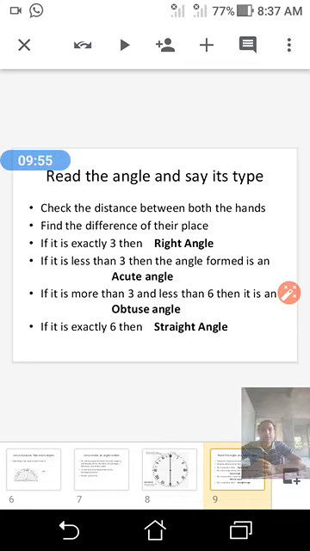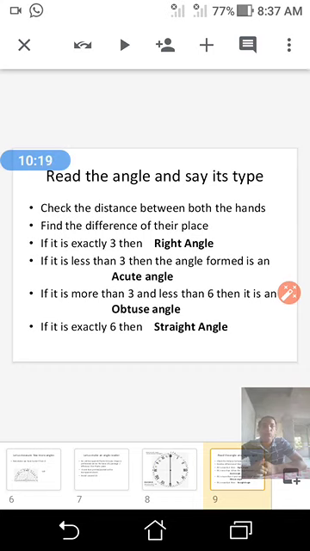Find the difference of their place. If it is exactly 3, then it is a right angle. If it is less than 3, then the angle formed is an acute angle. If the distance between both the hands of a clock is more than 3 and less than 6, then it is an obtuse angle.